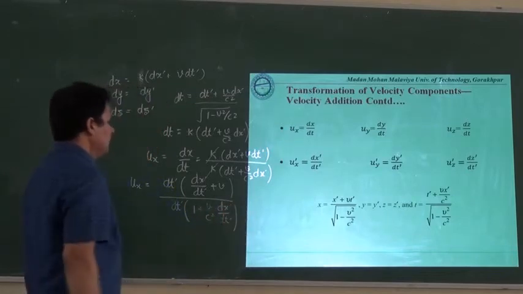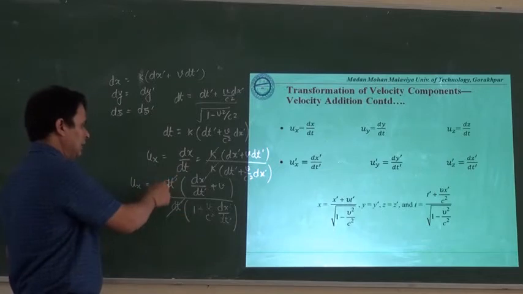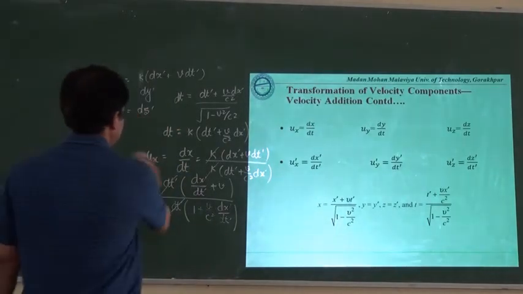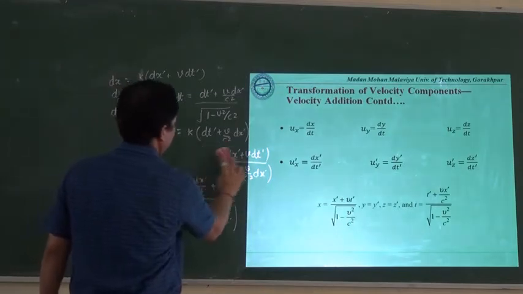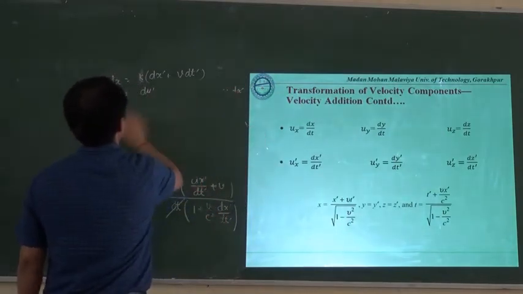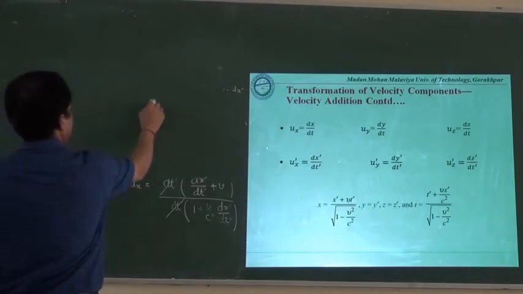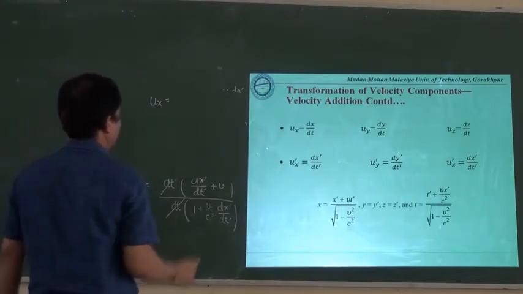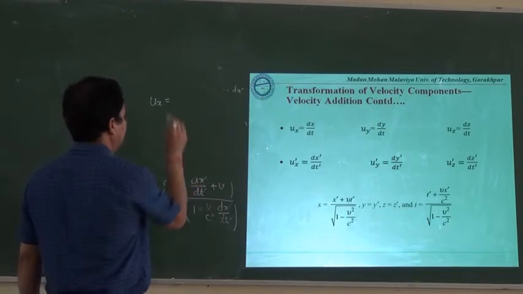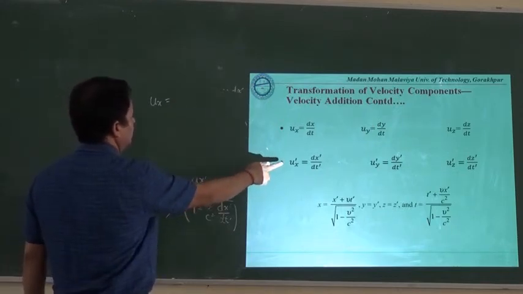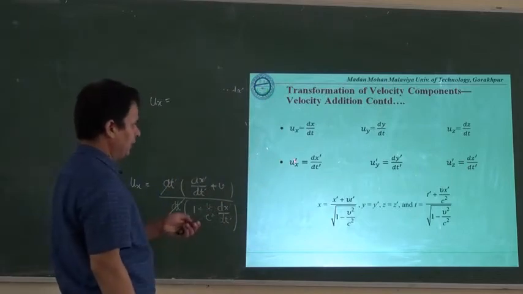Here dt dash and dt dash will cancel each other, and the final expression for ux we can write in this way. ux dash is equal to dx dash upon dt dash.